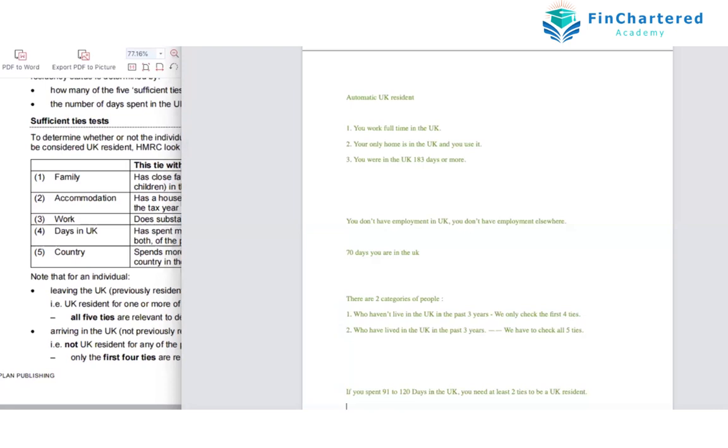But if you're spending 121 to say how many? What was the number of days? 183. Remember, if you spend more than 183 days, you fall in the UK category.